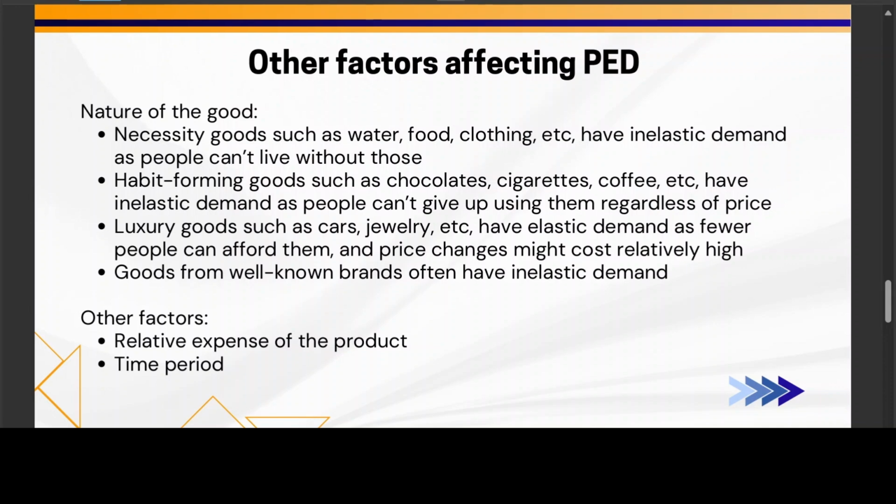Such goods are water, food, clothing, shelter, anything like those. And they can be subjective according to the type of person. However, those necessity goods will always have inelastic demand, as people cannot live without them, and they always need to buy those goods anyway to continue living.